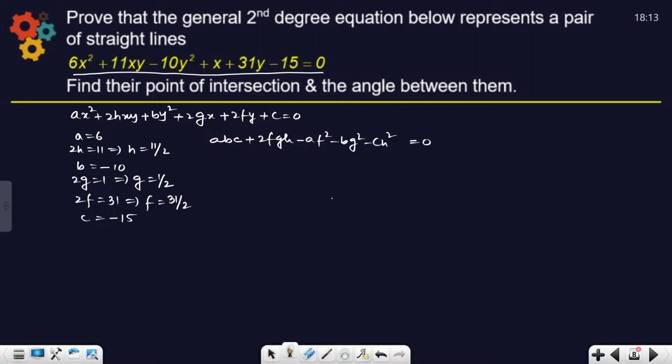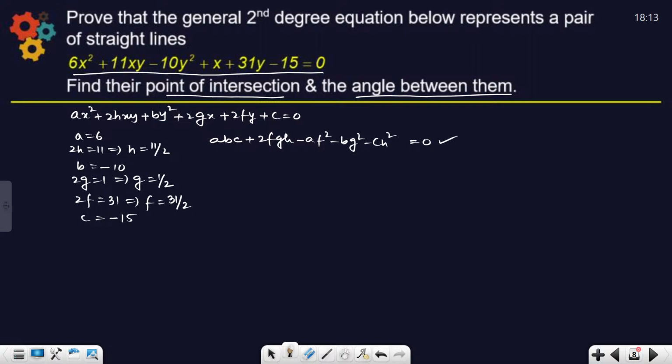Okay. Now we have to find out what is their point of intersection. So from this first part, we have proved that it represents two straight lines. That's for sure. But now we have to find out their point of intersection and the angle between them.